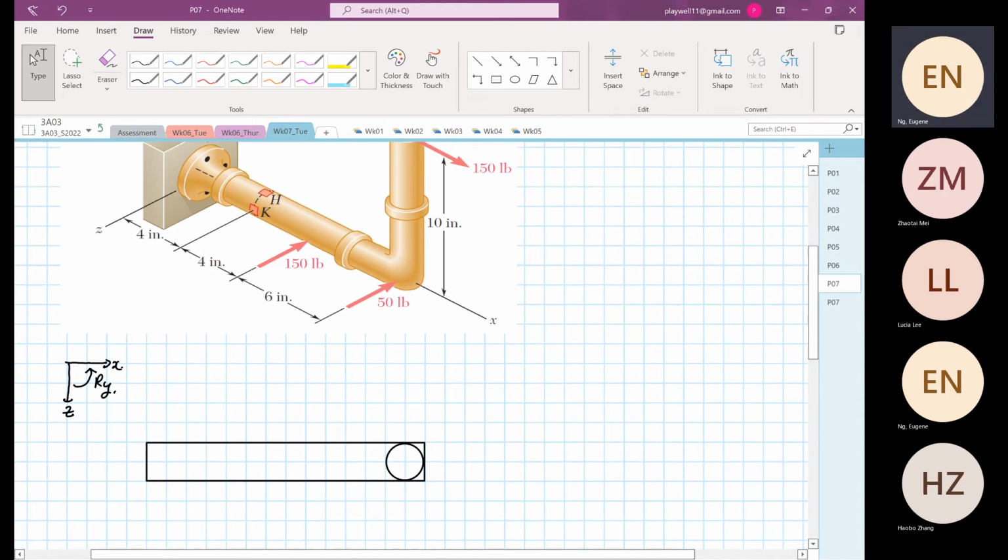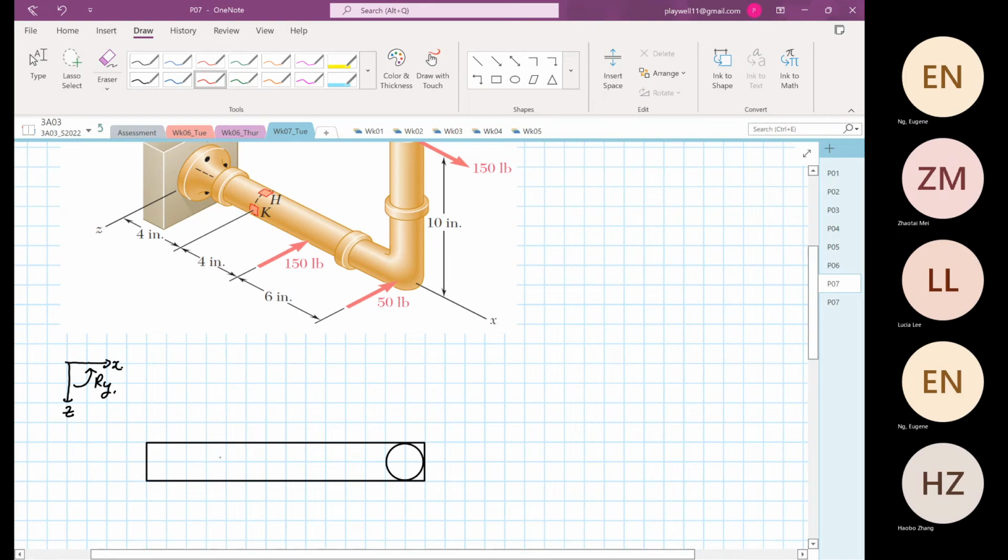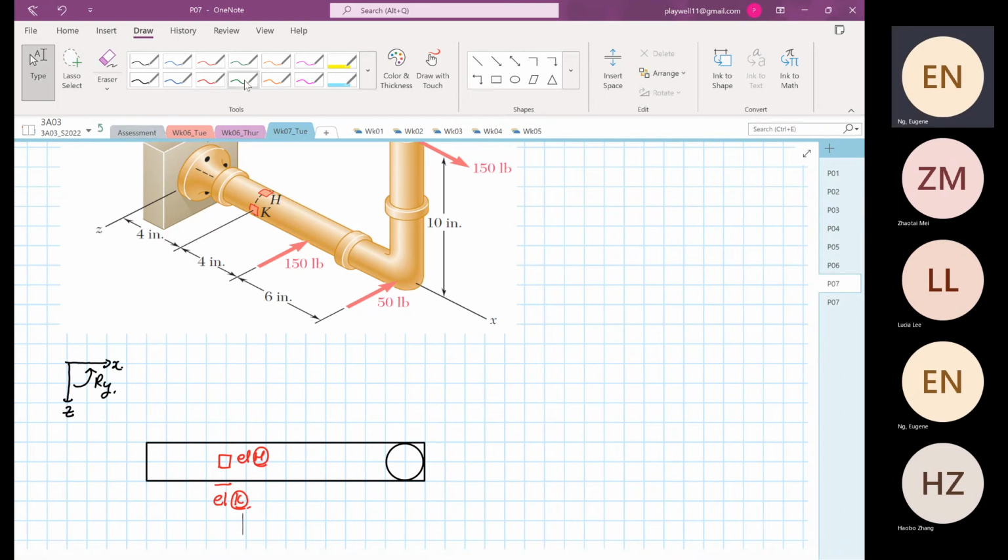Then again, construct your elements that you are interested in. So now this is our element H, right? Over here is your element K now. Okay. Then again, you construct your position of your neutral axis.